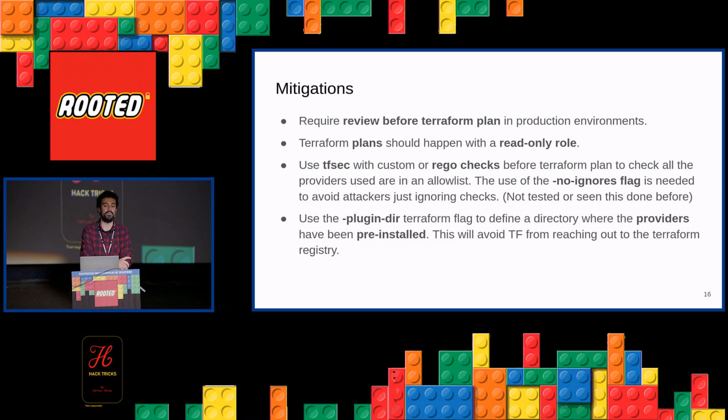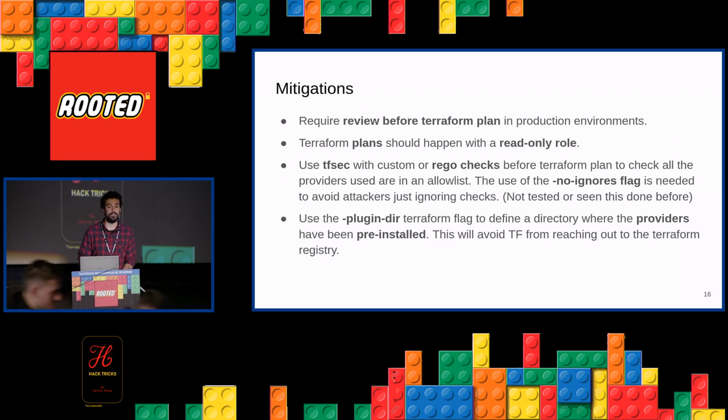So for example, you could have a check that says you can't do public S3 buckets because that's insecure. So this tool also accepts Rego checks. Rego is a policy language which allows you to create any policy to check for things.